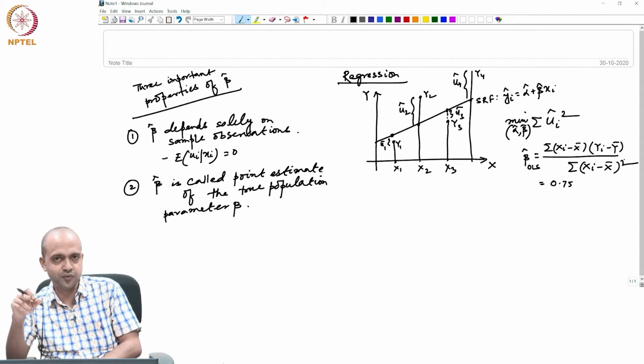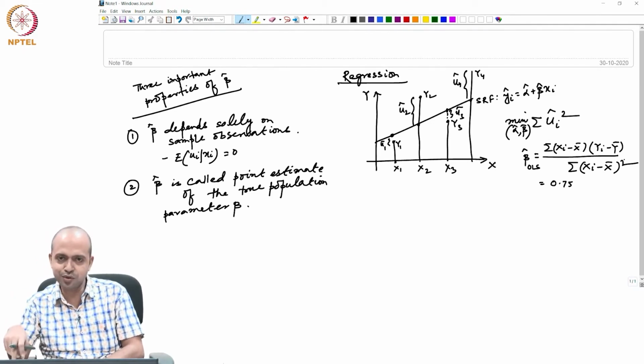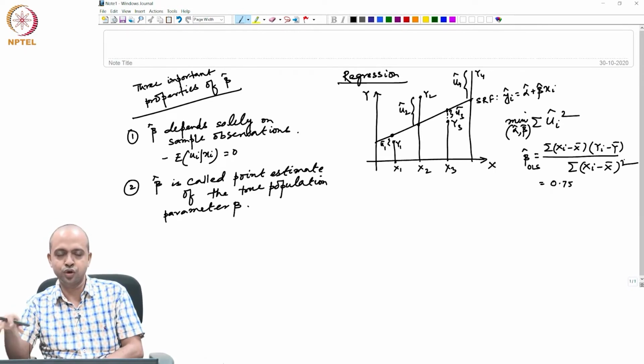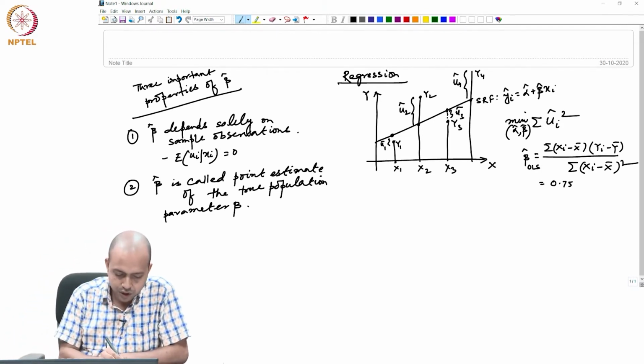We will discuss it when we discuss hypothesis testing, but for the time being, keep in mind that this is point estimate, and the risk of using point estimate for inference making is that there is no guarantee that in all other samples derived from the same population, your point estimate of beta will emerge as a value significantly different from 0 but less than 1. This is property number 2. This is called point estimate.